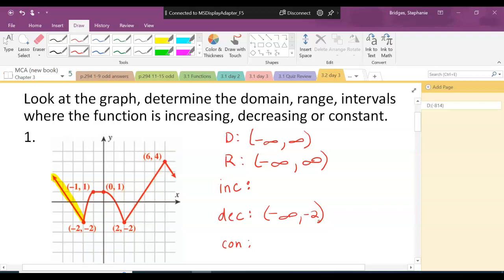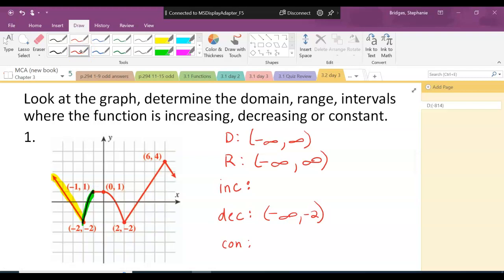I'm going to just go from left to right. So I may have to come back and add another interval for decreasing, but we'll just have to see what our graph gives us. Sometimes we don't have increasing or decreasing or constant. Sometimes we only have a couple of each. All right, my next section goes from here to here until it stops moving. Is that going up or down? Up. Okay, so that would be increasing.